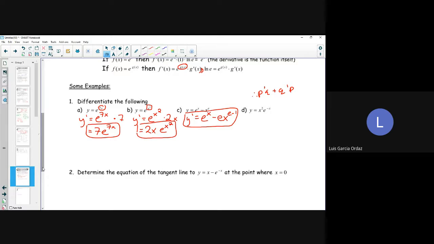So my derivative becomes y prime is equal to 2x times e to the negative x plus e to the negative x times my derivative of negative x, which is negative 1, times x squared. That gives me 2x times e to the negative x minus e to the negative x times x squared.